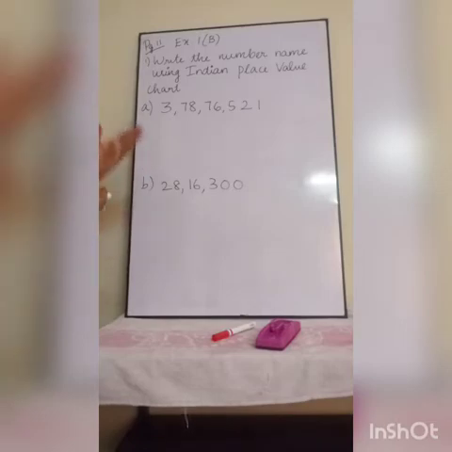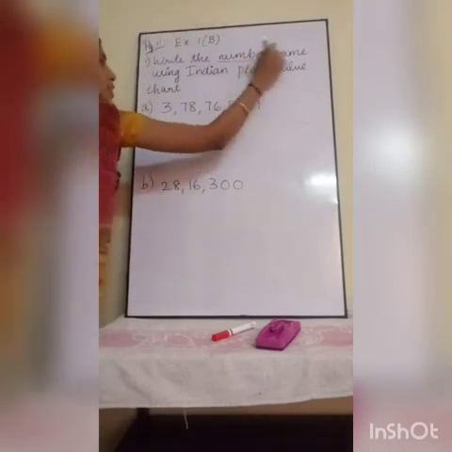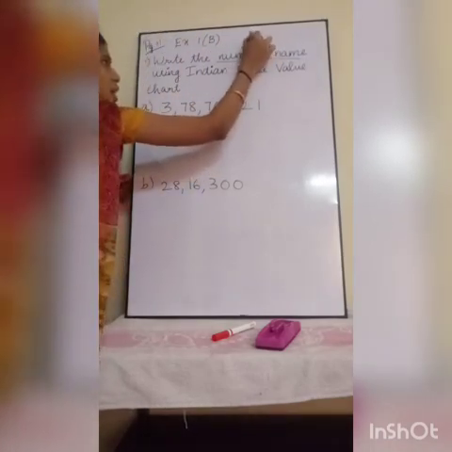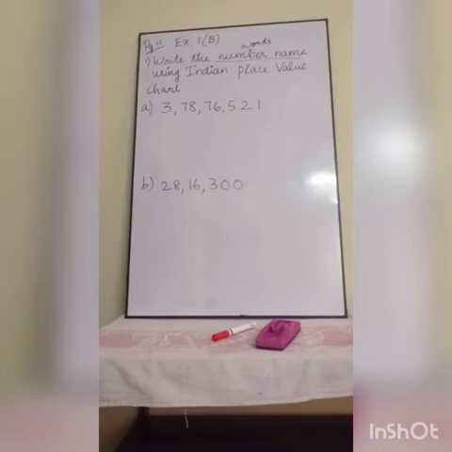You can refer to page number 11 for that. There will be questions here: write the number name using the Indian place value chart. Number names means you have to write the number in words, using the Indian system of numeration.